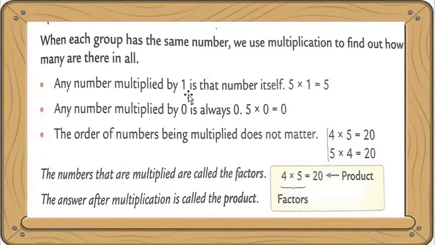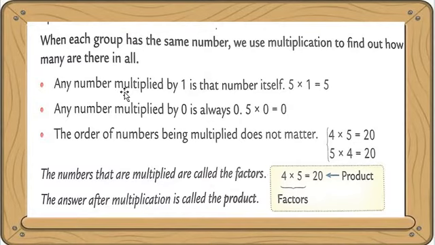For example, 1 multiplied by 1 is that number itself. 2 ones are 2, 3 ones are 3, 4 ones are 4. I hope you all remember those things that I told you in previous lectures. Any number multiplied by 1 is that number itself.